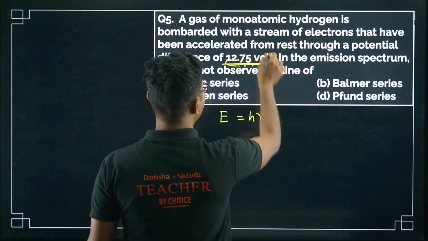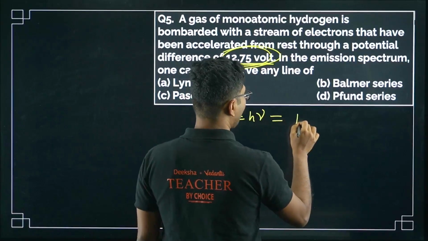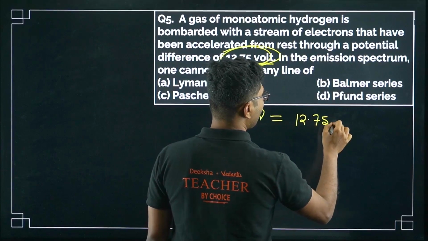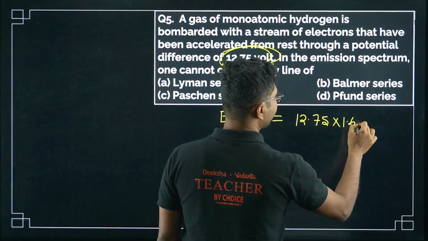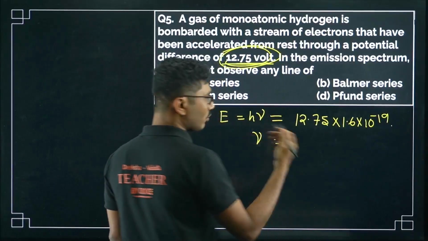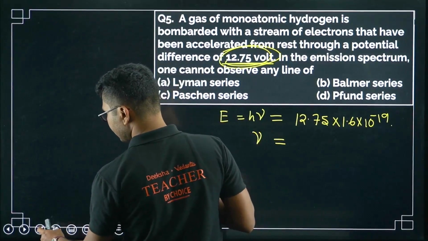So this is the supplied energy. Supplied energy is 12.75 into 1.6 into 10 to the power of minus 19. From there the frequency range that you will get, or wavelength range, let us consider the wavelength. That will be easier for this question, right?